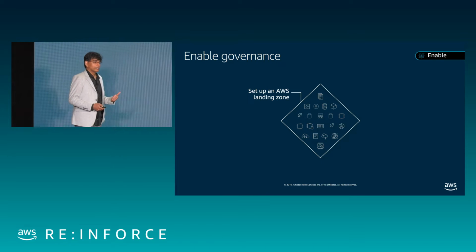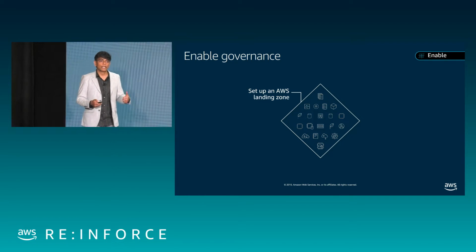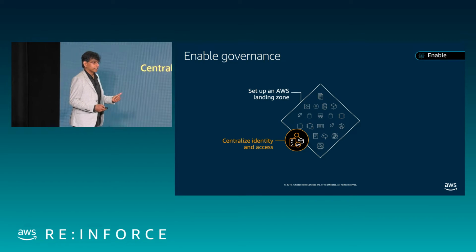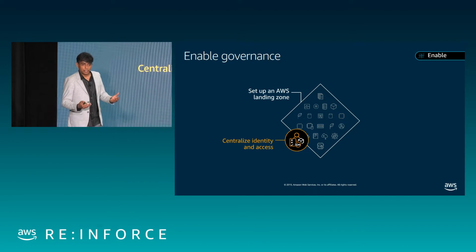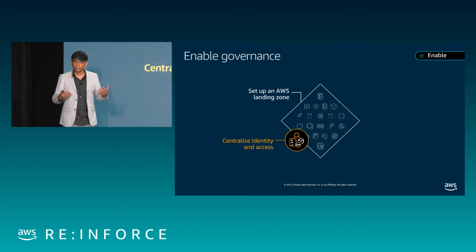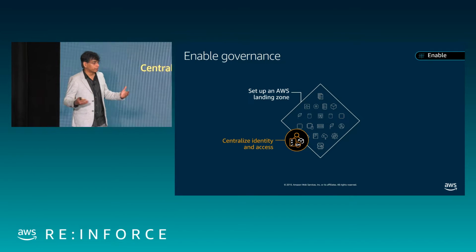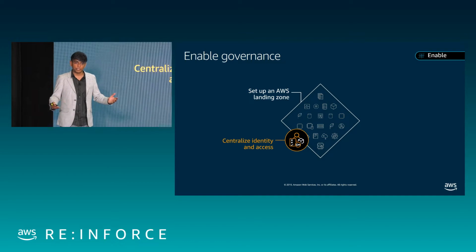The first thing is setting up an AWS landing zone, and I'll talk about what a landing zone means in a bit. The second thing it does is centralize your identity and access management. This is a big benefit to bring it all in a centralized place versus distributing your identity and access management into multiple accounts with multiple IAM users.